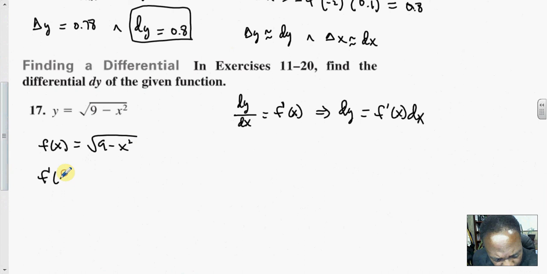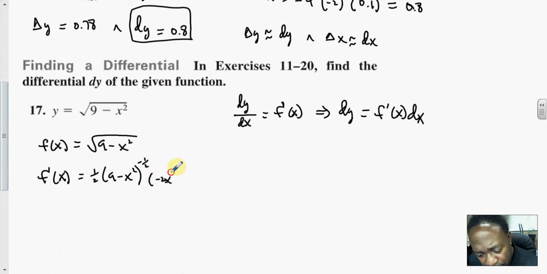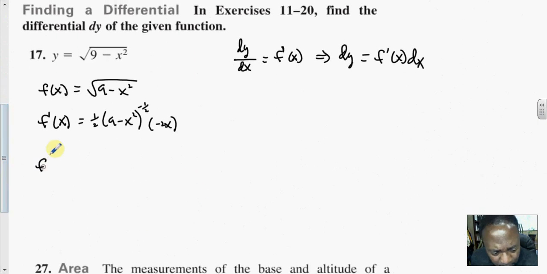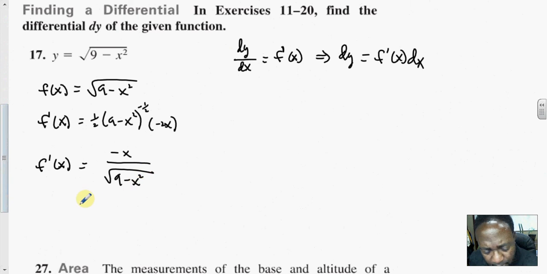So f prime of x is 1/2 times 9 minus x squared to the 1/2 minus 1, which is negative 1/2, times the derivative of the inside. Then we can clean this up. So f prime of x is negative x all over the square root of 9 minus x squared.